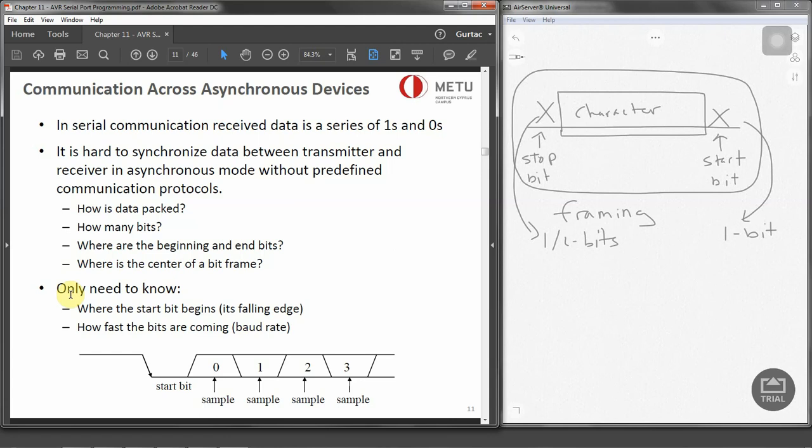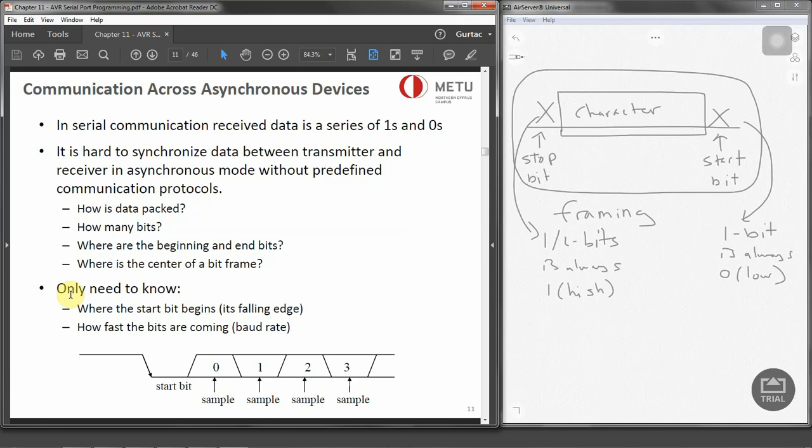And the start bit is always 0, so it's always low. And the stop bit is always 1. So when we are sending, the receiver side looks out for the start bit, which is low, coming in, and then it waits for the data, and then looks for the stop bit.